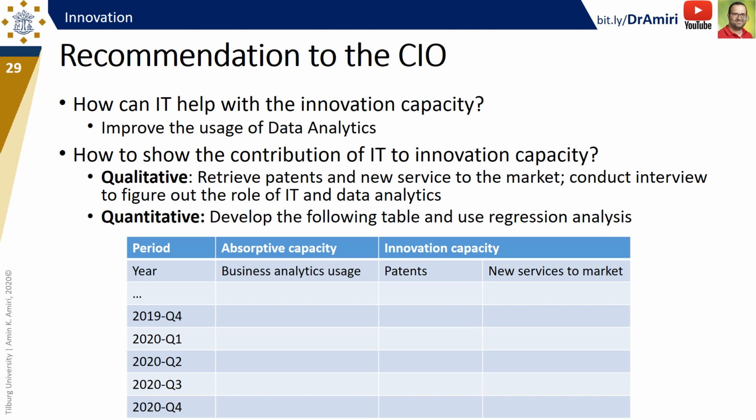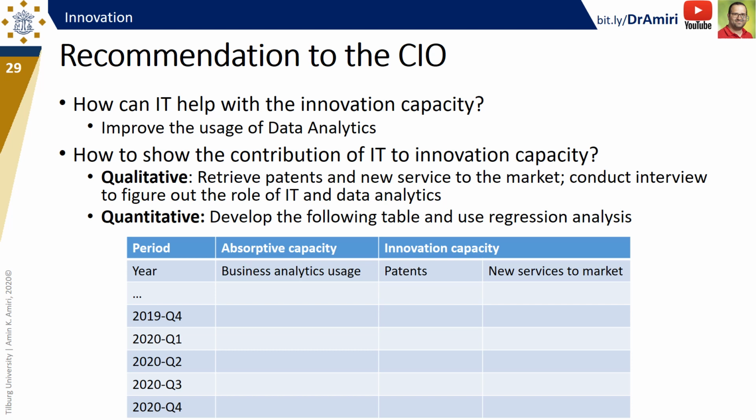So here is my recommendation to Jim Barton, the CIO. The IT can help with the innovation capacity through the usage of data analytics, business intelligence applications. So Jim Barton needs to improve the usage of data analytics, to introduce new types of applications, for example, visualization applications such as Tableau and Power BI.